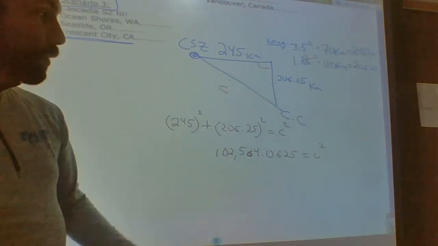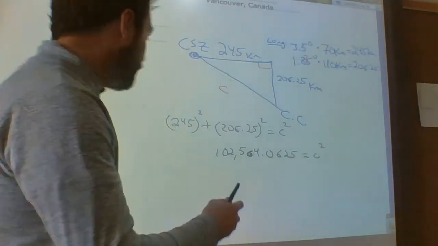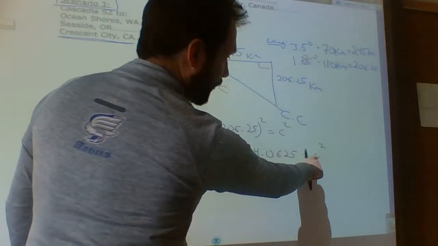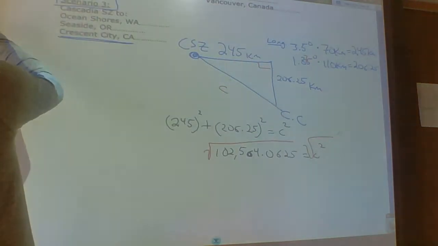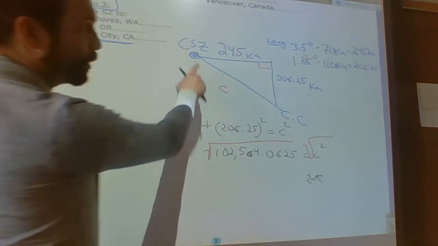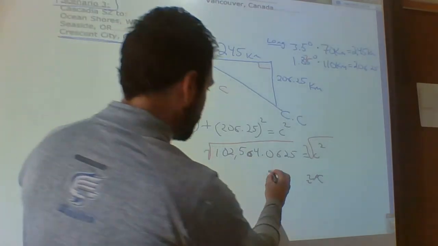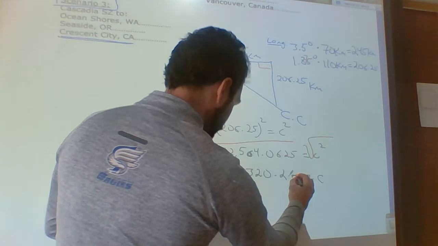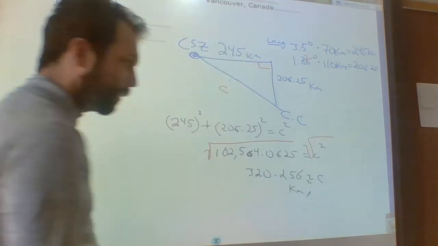So here we got 102,564.0625 equals c squared. And using the stuff we've been studying in class recently, I can solve for c by taking the square root of both sides. Tells me that my hypotenuse, which is the distance, is about 320.256, and now we are in kilometers.